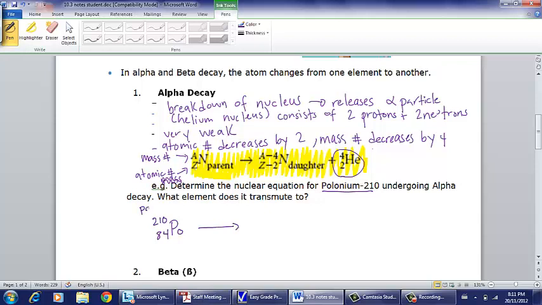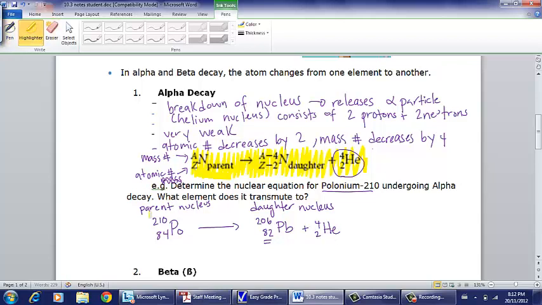So this would be the parent nucleus over here, and we're going to get a daughter nucleus. We know that the mass number will have to decrease by 4, so it'll be 206. The atomic number will decrease by 2, so we'll get 82. Then we go to the periodic table and look up whatever 82 is, and we get lead, Pb, and we have to show a helium nucleus, because this is an alpha particle being emitted.